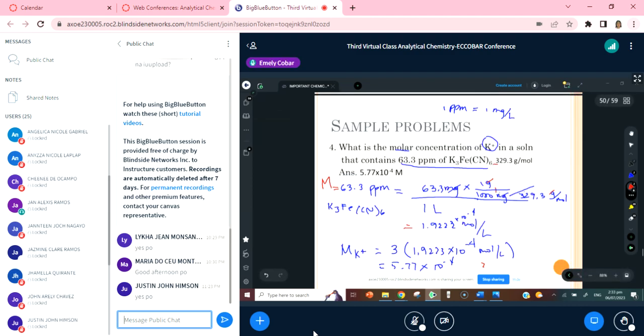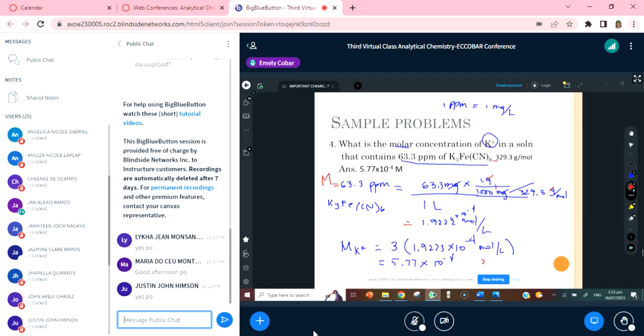Next. What is the molar concentration of potassium ions in a solution that contains 63.3 ppm of potassium ferrocyanide? Let's analyze the problem first. What is given?